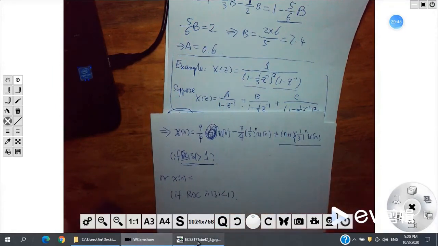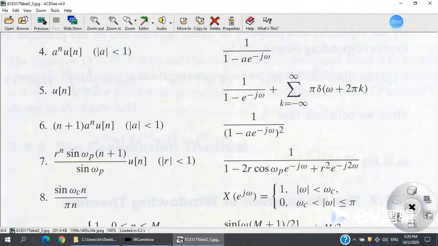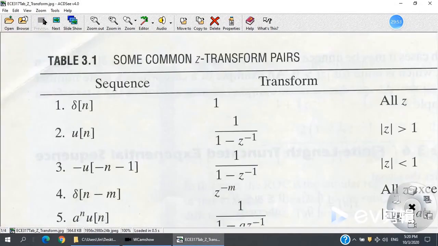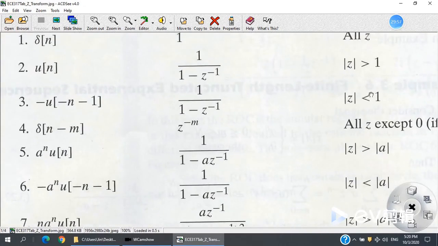Smaller than 1, we still have this one, which will give us negative u of negative n minus 1. So I just plug in. The coefficient is still 9 over 4, but this is negative u of negative n minus 1.